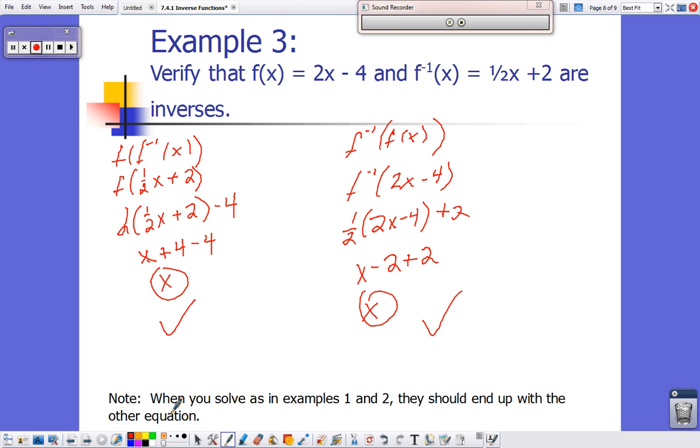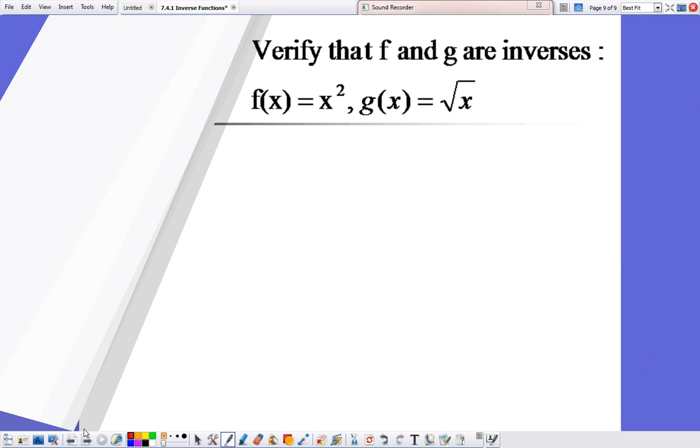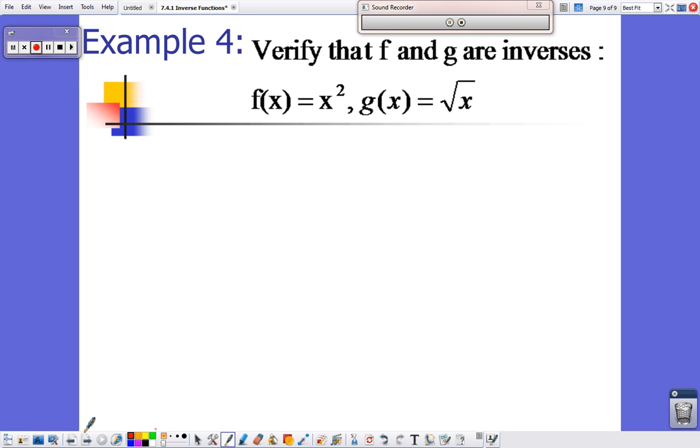Okay? All right. Now, we can still do this with radicals or rational expressions. And I just want you to know that these two functions are actually inverses of each other. Okay? So remember, all we have to do is, we're just going to do f of g of x, and we have to verify g of f of x. Okay? So we're just going to replace each of those and see if the end result is an x.